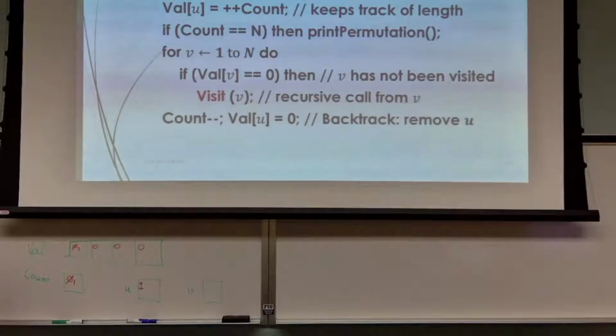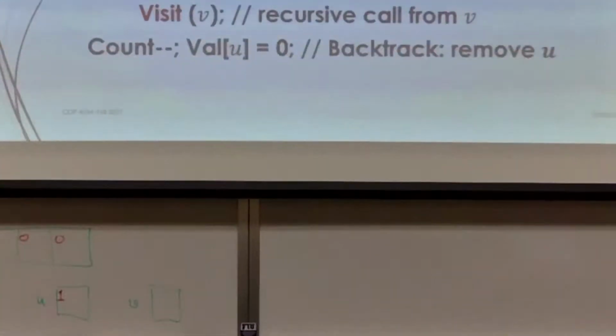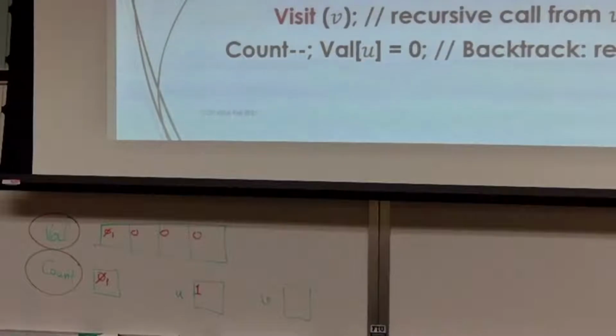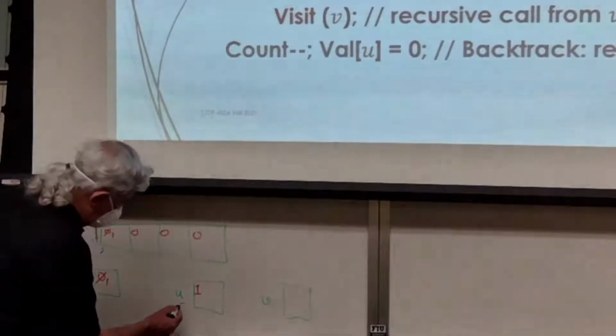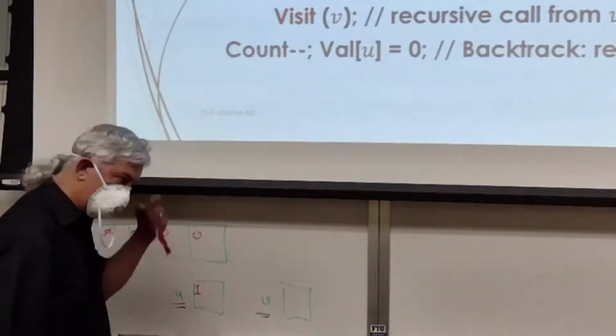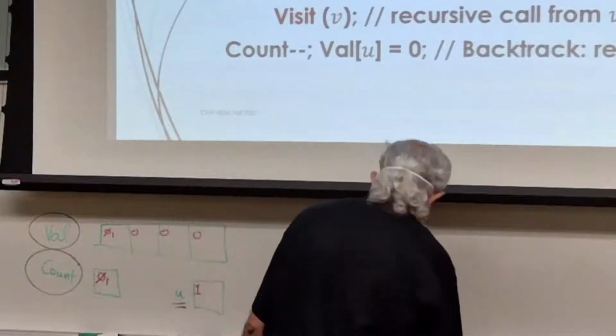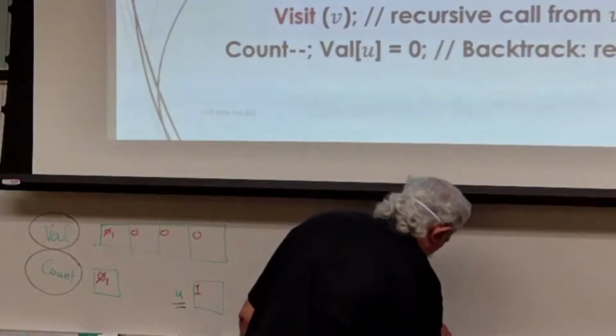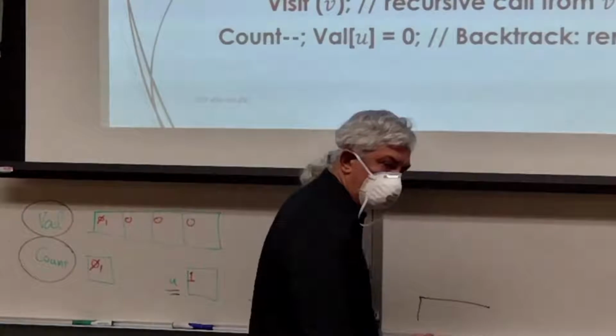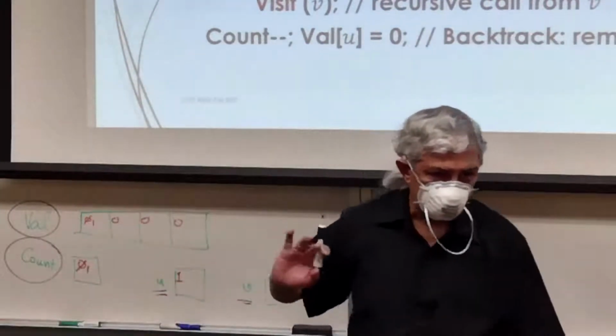So value and count are global variables. This and this are global variables. U and V are local. Okay. So these are the local ones. So what I'm going to do is to draw a recursive stack where I will only keep track of the local variables, because the global variables are fixed.